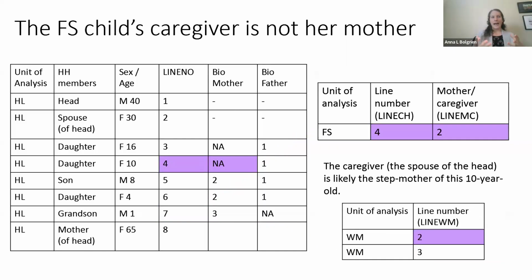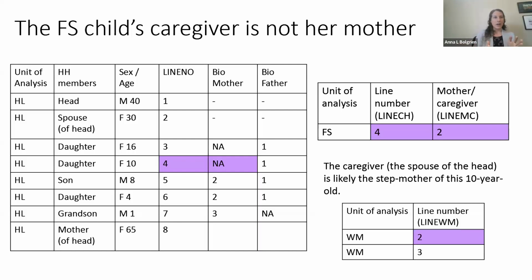But if we look at that adolescent file, the child in line 4, the 10-year-old daughter, reports that she does not have a biological mother living in this household. Instead, her caregiver is reported in line 2, the 30-year-old spouse.